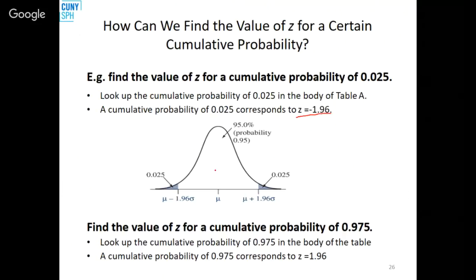If you only had the values for half of the table, you could go 1 minus this to get 0.025, see that corresponded to minus 1.96, and use the symmetry property to know that the value where 97.5% of the probability lies is positive 1.96.